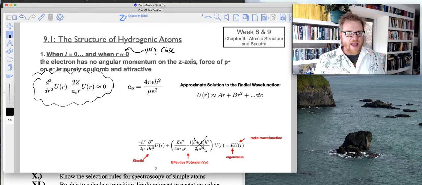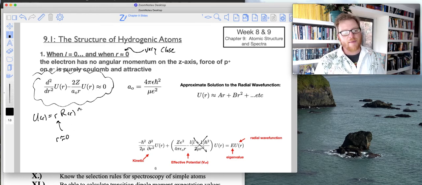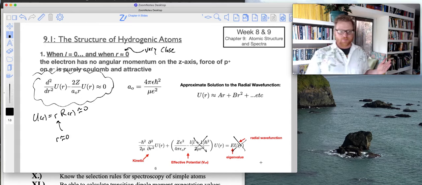And also, why does this approximately equal 0? Well, it's approximately equal to 0 because we know that u of r equals r times R of r. And if this r is nearly equal to 0, then that makes the whole function nearly equal to 0. So that's where this whole side of the equation eliminates.